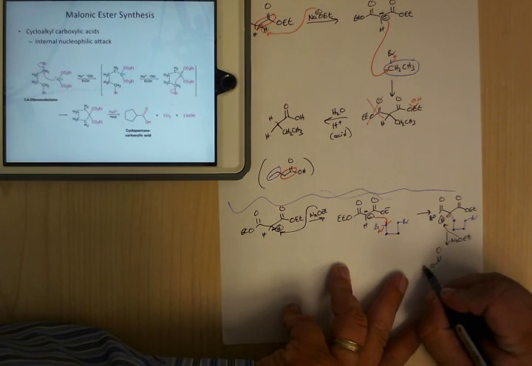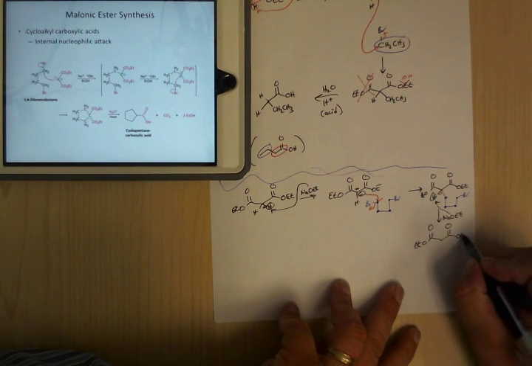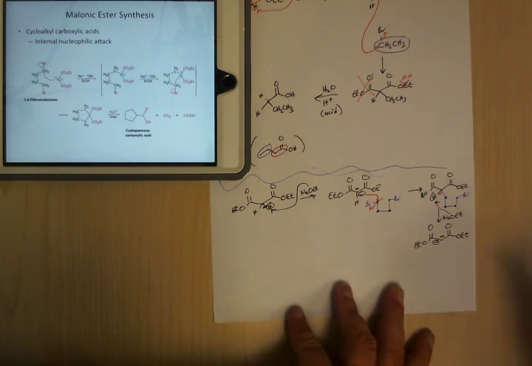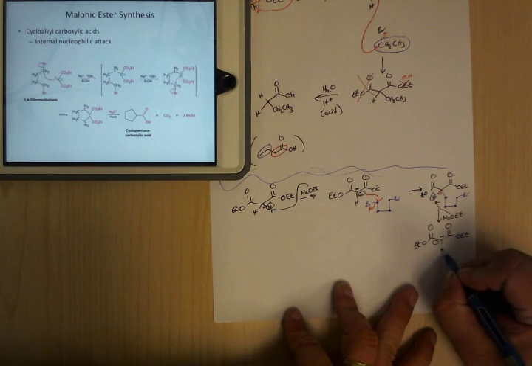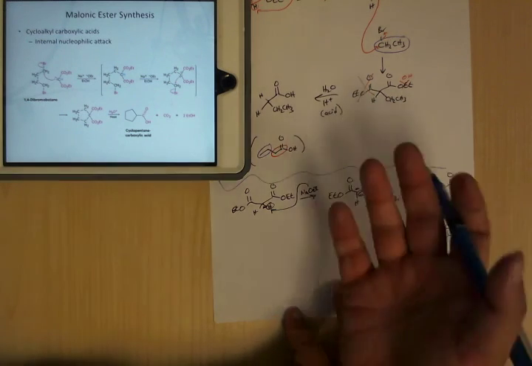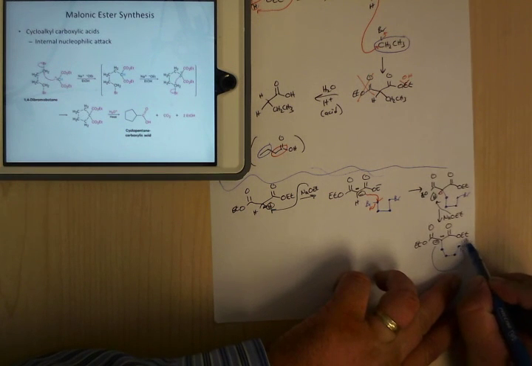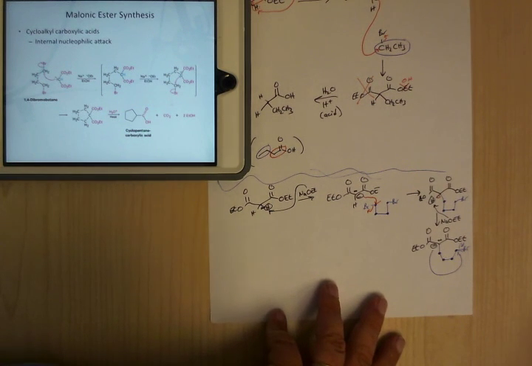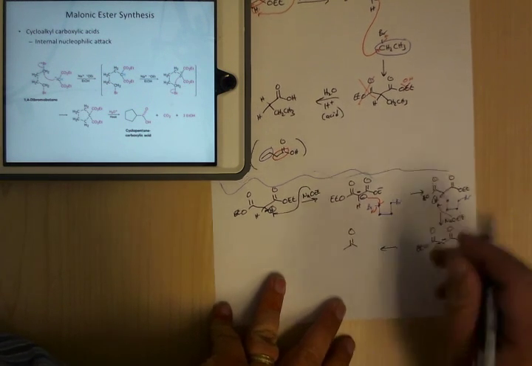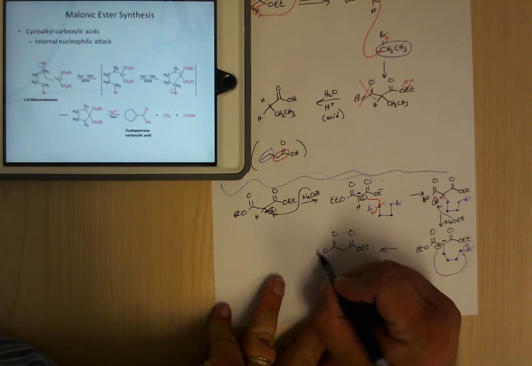So now again, we're going to have lone pairs and a negative charge, but instead of hitting a separate group, we're just going to hit our own group a second time. Hit that, kick that away, and so what you end up getting is basically stitching it together. But it's no different than the chemistry up here.